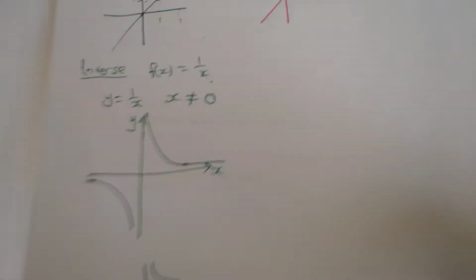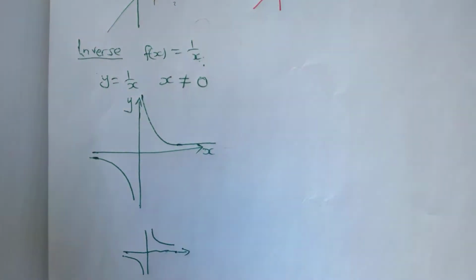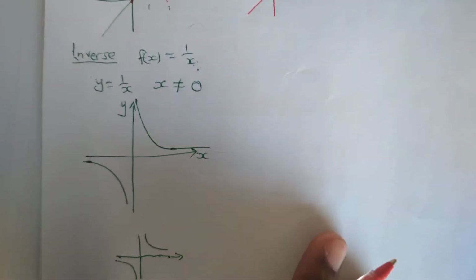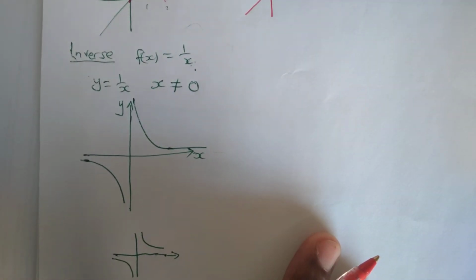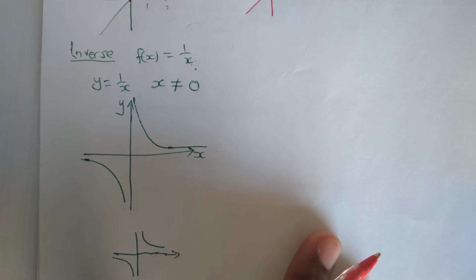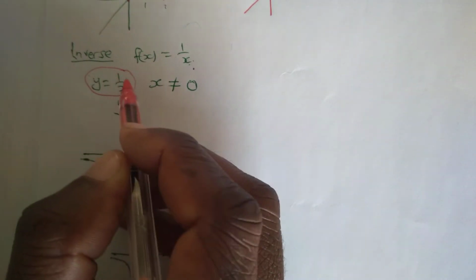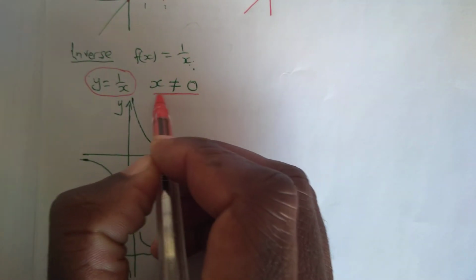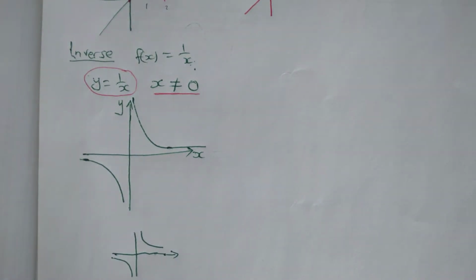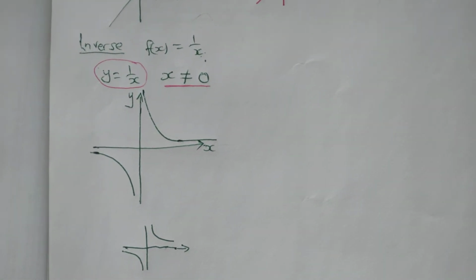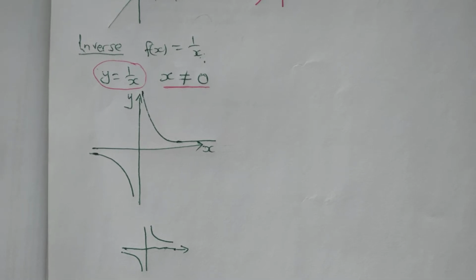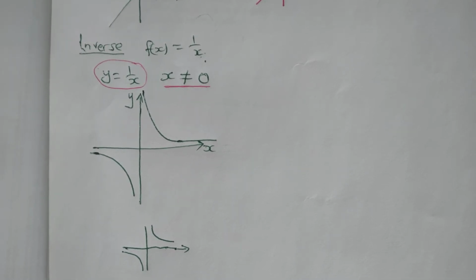Now let's look at the inverse function with a form of f of x equals 1 over x. This inverse function is written as y equals 1 over x when x is not equal to 0. I should explain that in a minute. What it means is that you cannot have x values becoming 0.